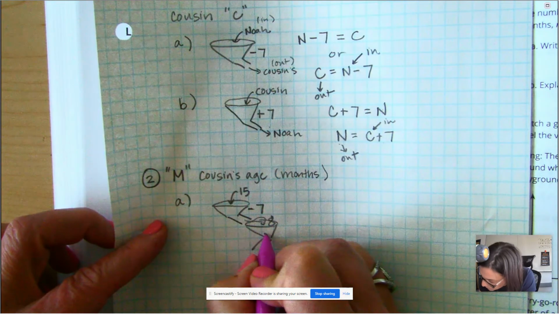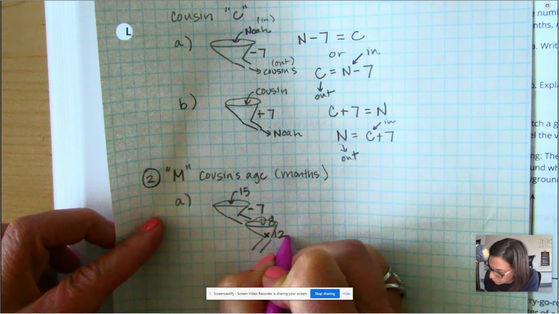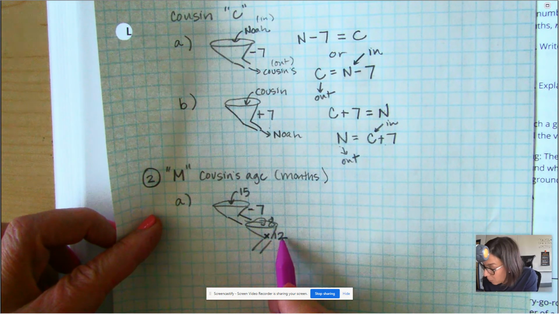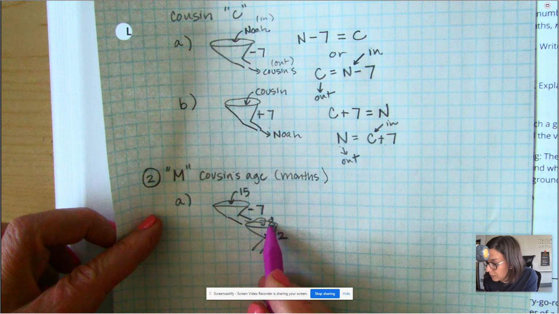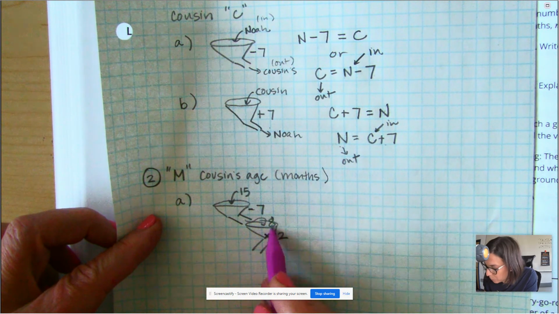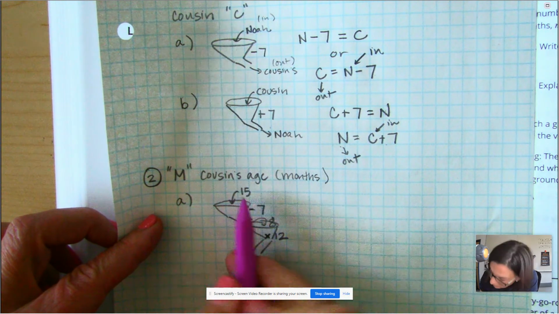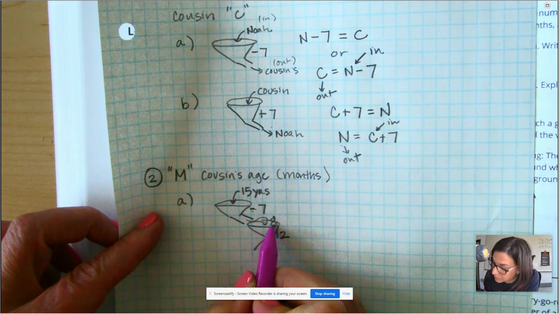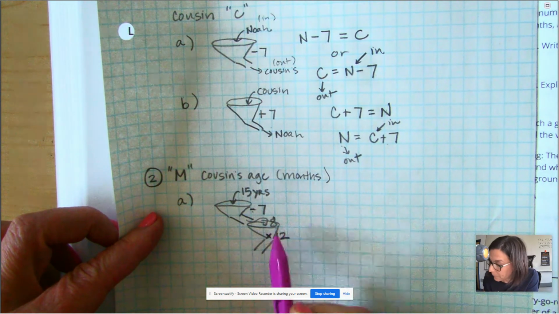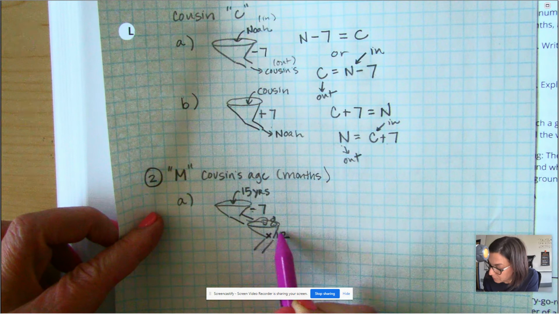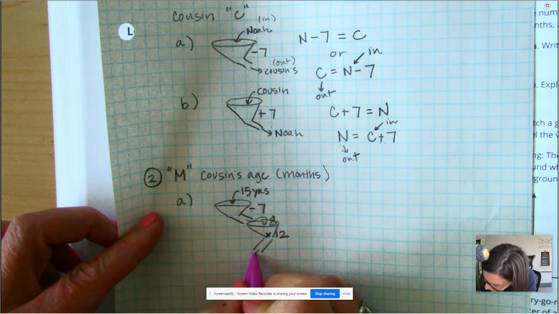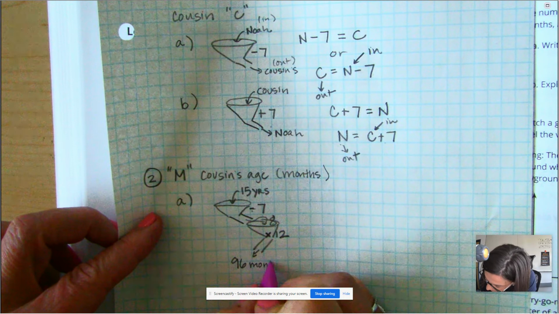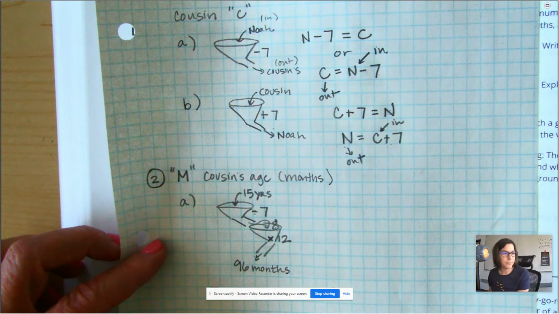We multiply by 12, because every year has 12 months. So you start with 15 years, subtract 7 to figure out how many years old the cousin is, and then multiply that by 12. You're going to get 96 months.